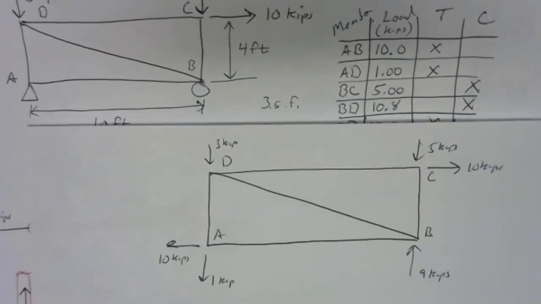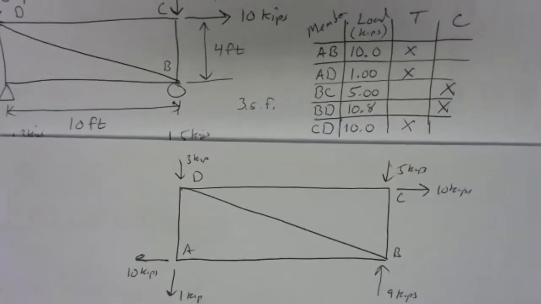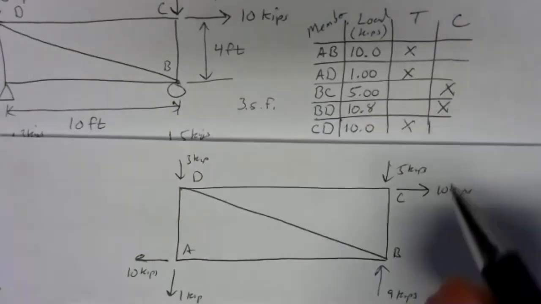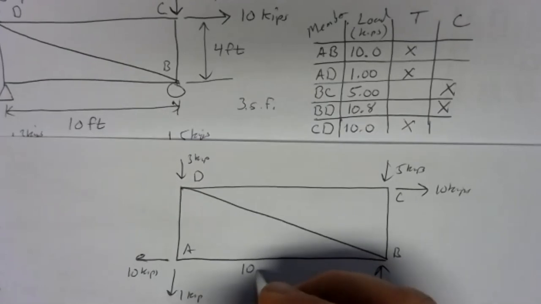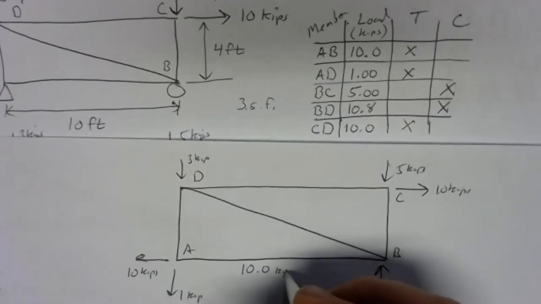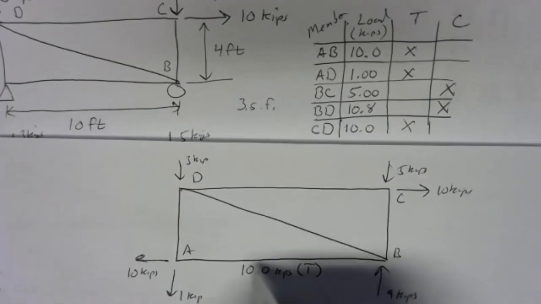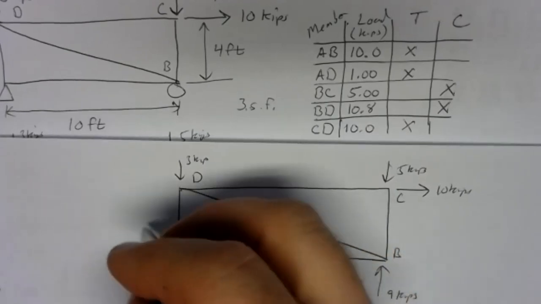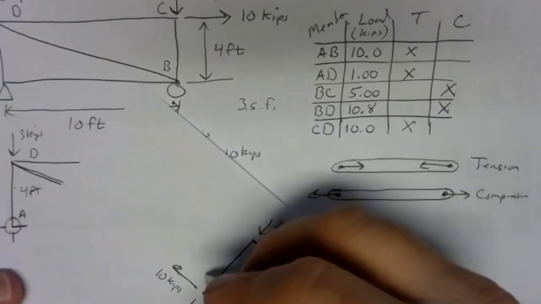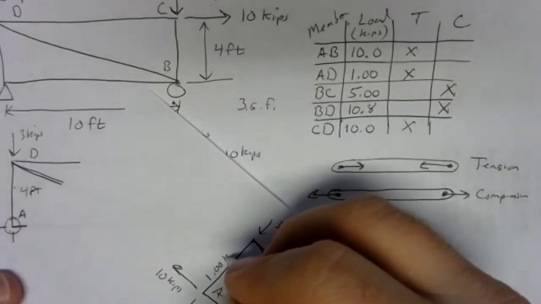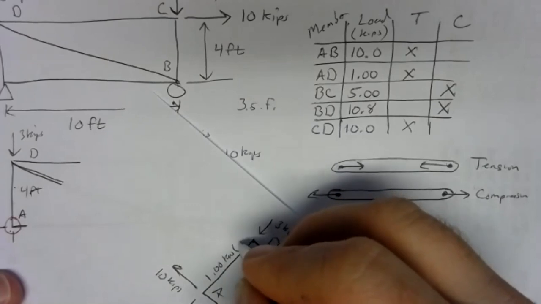And now just go through and translate what you've got on your table onto the drawing. So member AB carries 10.0 kips in tension. Member AD carries 1.00 kips in tension.